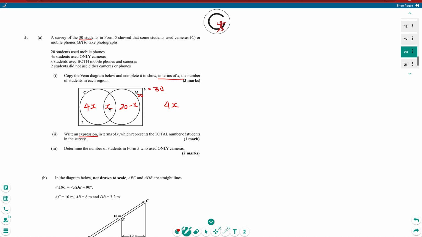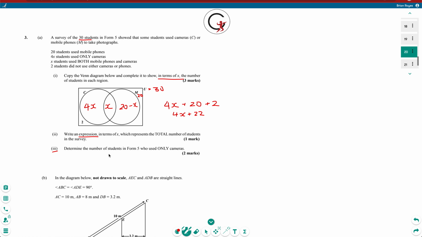Now we could say plus x and plus 20 minus x, but that's going to be redundant. So let's exclude this intersection and just say 4x plus 20 plus 2 gives us everyone inside this universal set. So 4x plus 22 is your answer for the expression.